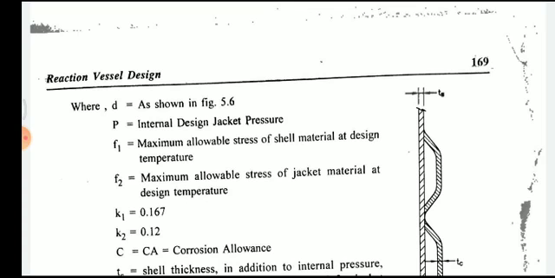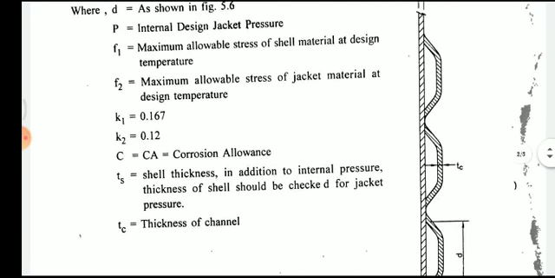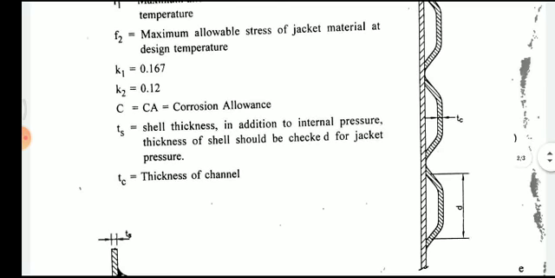P is the internal design jacket pressure. F1 is the maximum allowable stress of the shell at the design temperature. And F2 is the maximum allowable stress of the jacket material at the design temperature. K1 and K2 are both constants: take K1 as 0.167 and K2 as 0.12. C is the corrosion allowance, and t_s is the shell thickness.